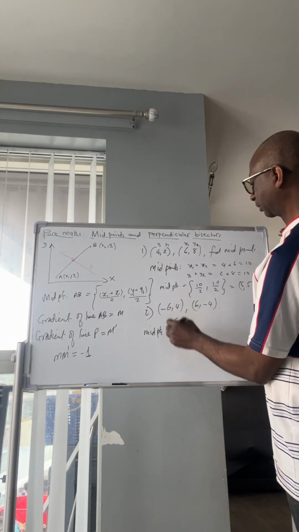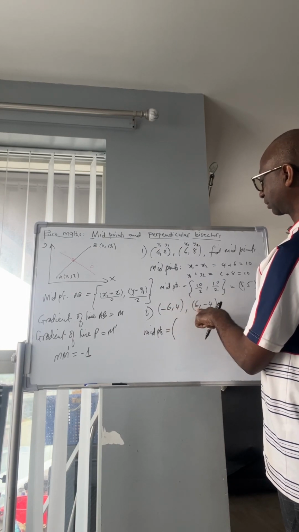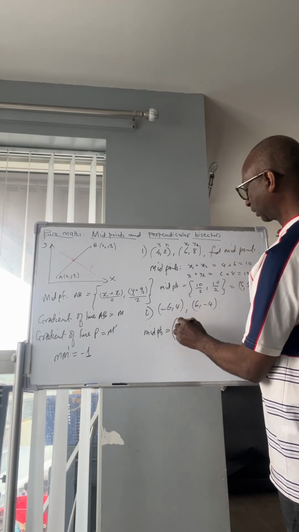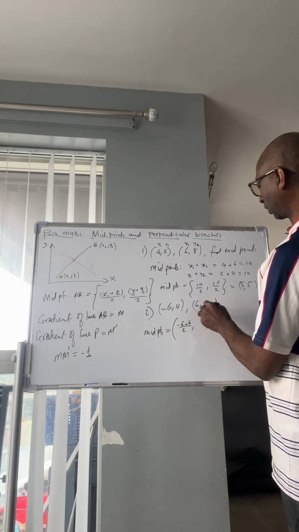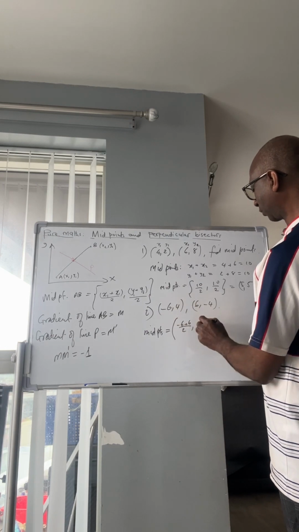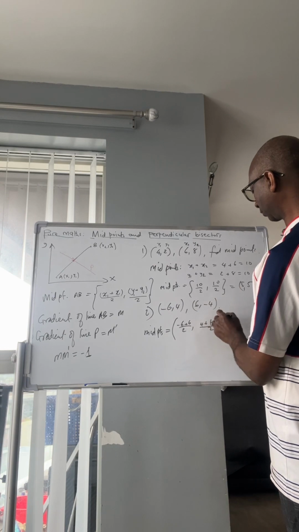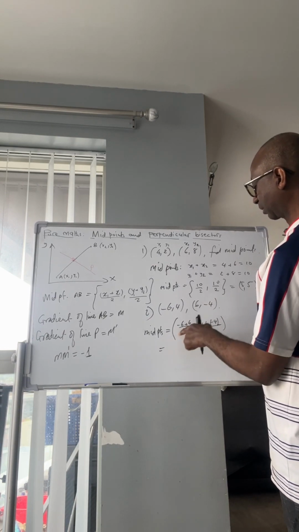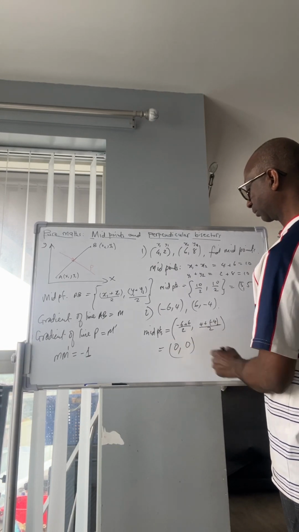The midpoint here is minus 6 plus 6 all over 2, and then 4 plus minus 4 all over 2. What do you get? This is 0, this again is 0.